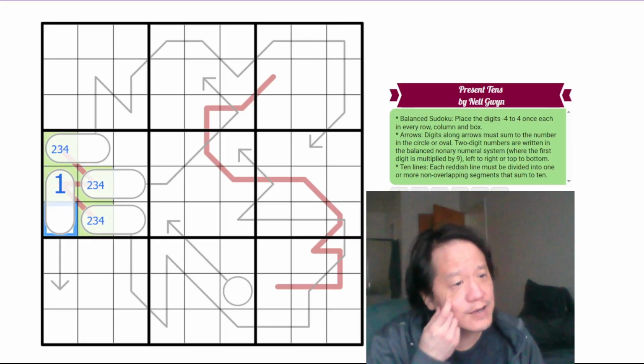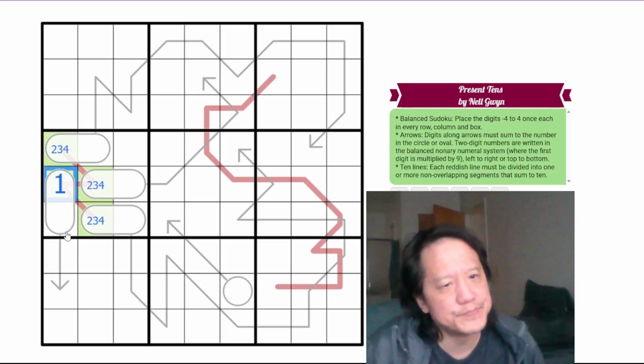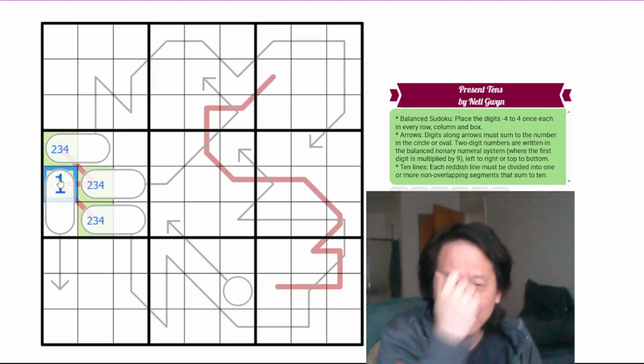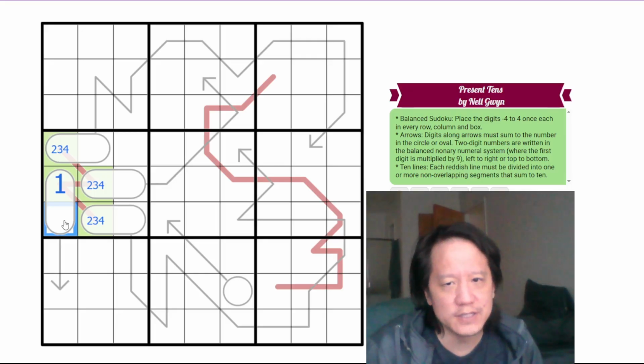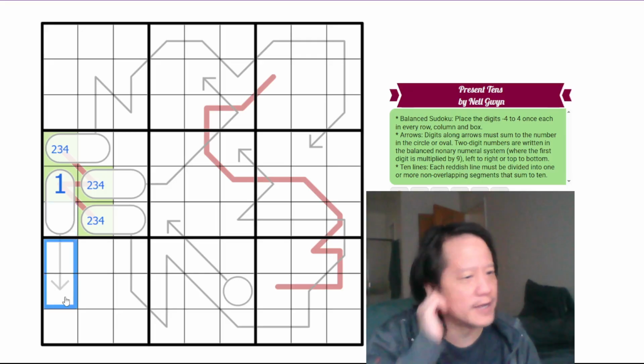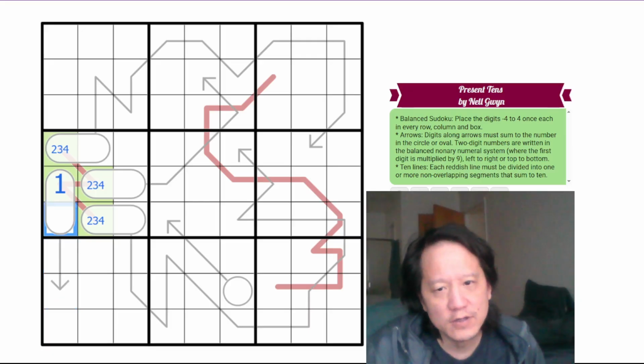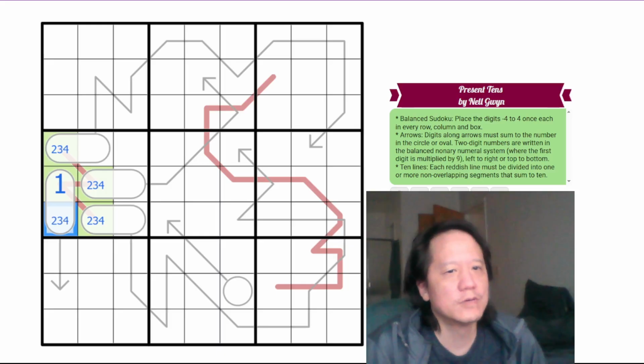We have to have... So this is at least 9. You have to have a negative with it, because 2 digits can never add up to 9 in balanced Sudoku. You add up to at most 7. So this has to be negative, and it's negative 2, 3, or 4 here.